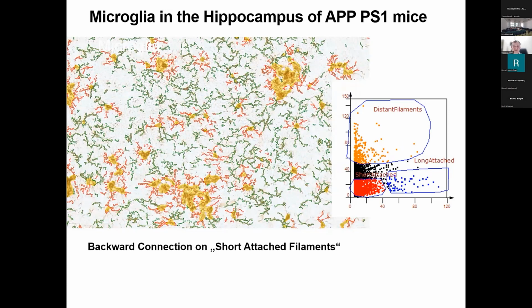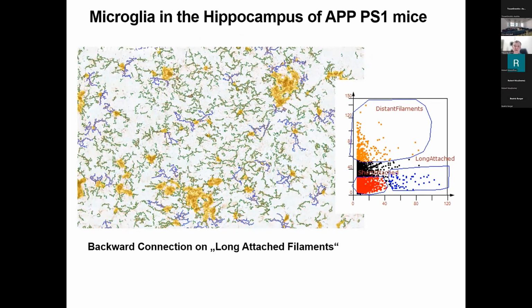So it means TissueFAXS is not only able to tell you how many microglial cells you have in this slide and how many of them are activated into a pro-inflammatory M1 stage, but you can also say how long the filaments are, and you can do a quantitative analysis of these filaments and say whether there's a difference to the control non-Alzheimer mouse.